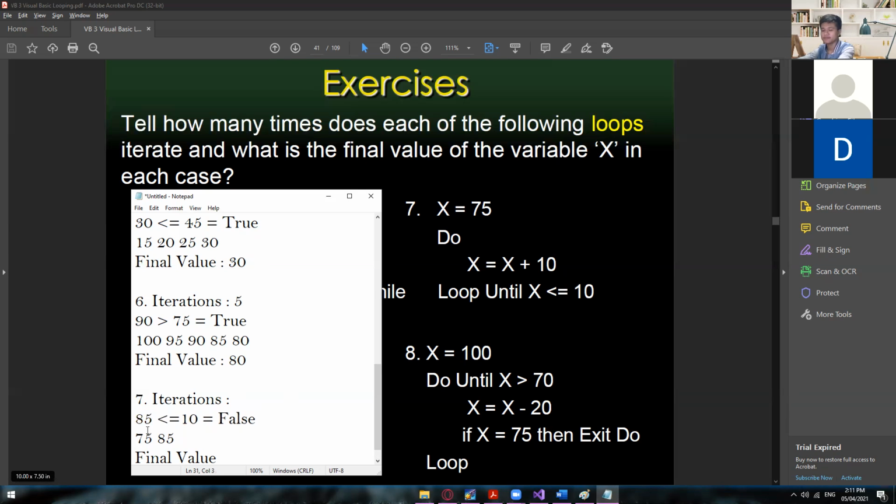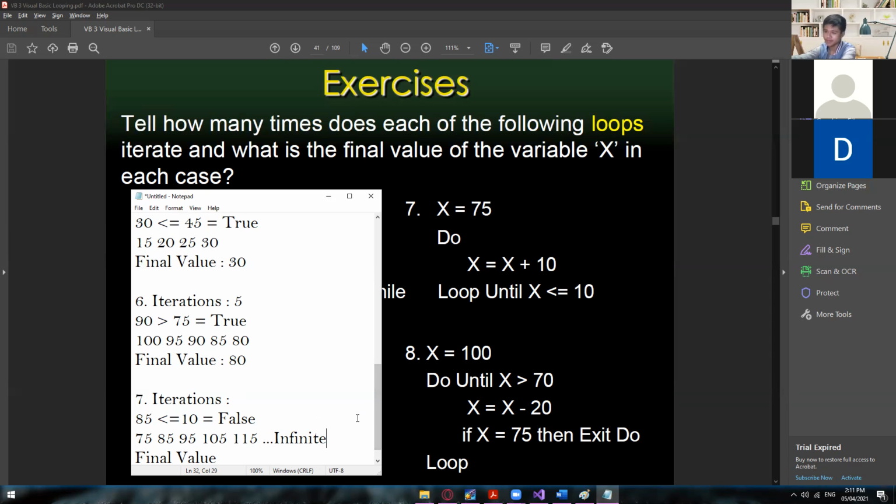Where 85 is not less than or equal to 10, so still false. So this is now your second value. Up to 95, 105, 115, up to infinite. So we also have some cases like this wherein it will never make the condition true.